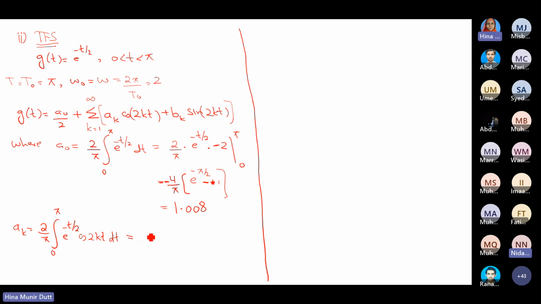Okay, so here I could write it as 2 over pi iota because I have to apply the integration by parts again and again. So what is my I? I is equal to integral 0 to pi e to the power minus t over 2 cos of 2kt dt.